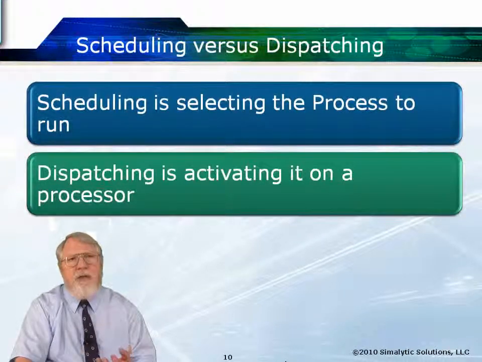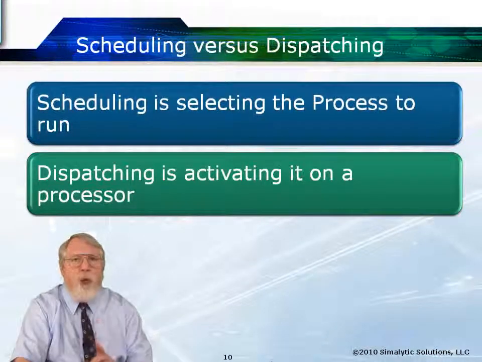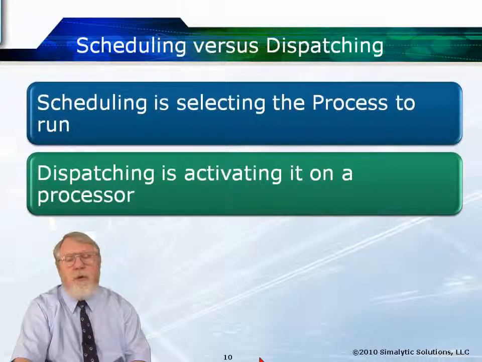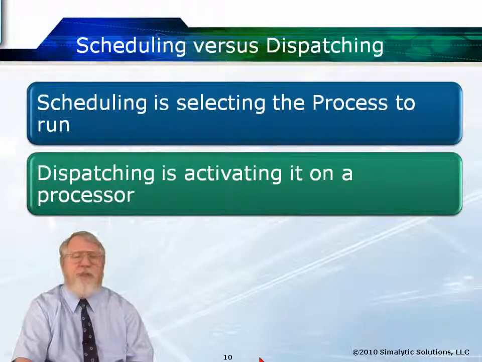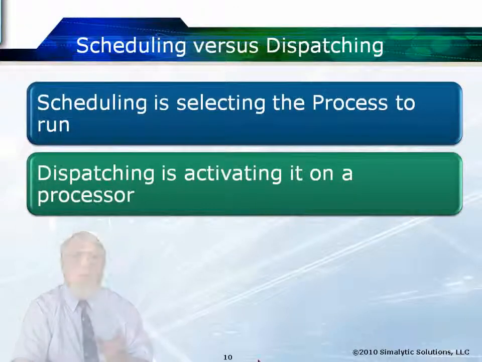So it's very common to see that in an operating system implementation, there is one scheduler, but there is a dispatcher for each physical processor, or each logical processor in the case of something like hyperthreading. And that dispatcher controls activating a process on that particular processor.